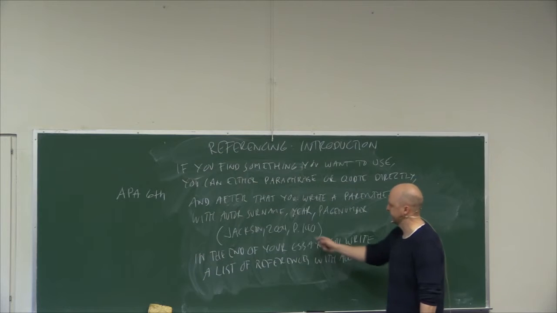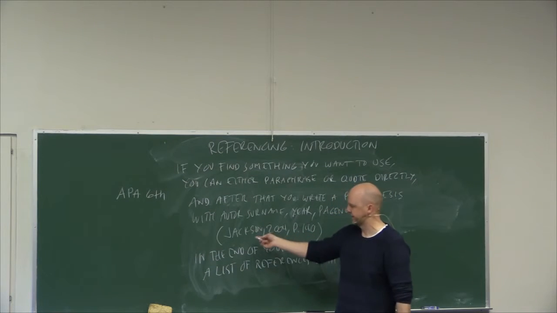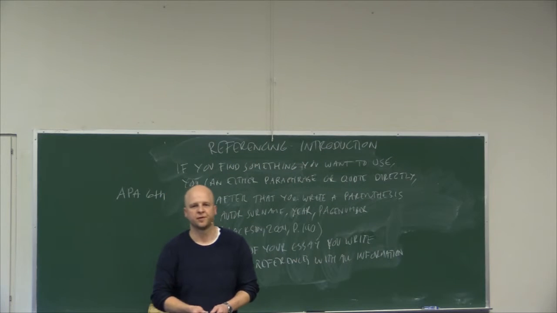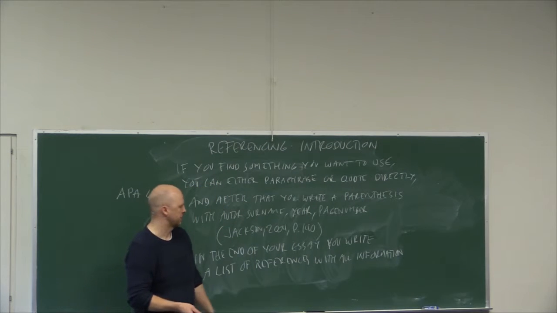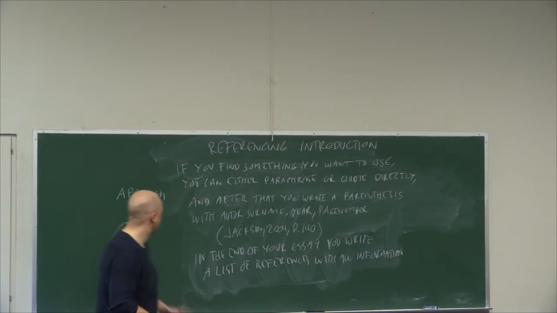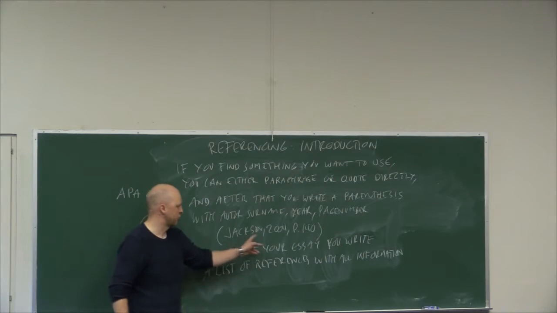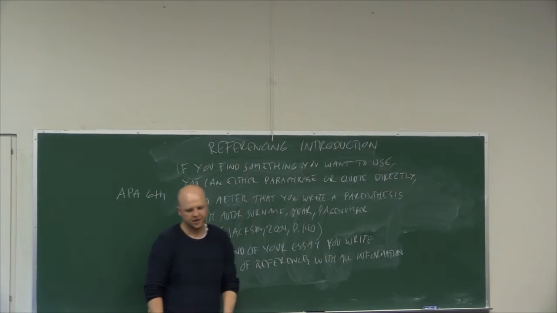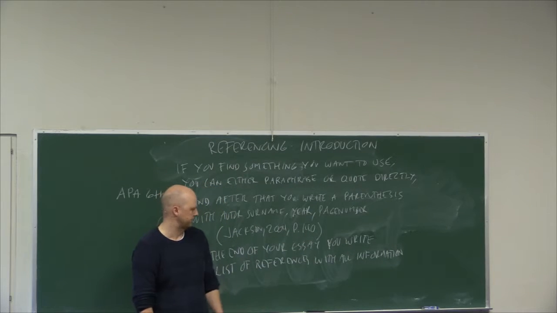All the information about this book, for instance, if it was a book or an article. Then you'd say which book it is, when it was published, where it was published, at what publisher, etc. That's in the list of references at the end. But in the text, it's just a short parenthesis with name, the year that it was published, and the page number or the page numbers.